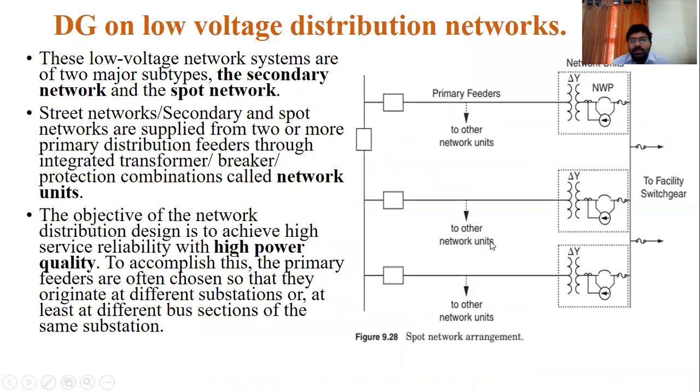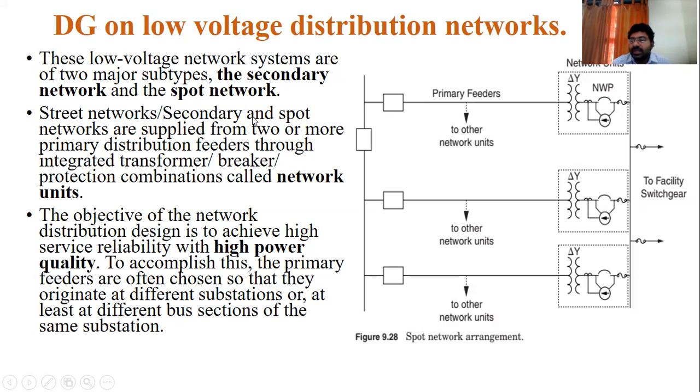Okay, so once again, I will go back to what we discussed in the previous lecture. We see a low voltage distribution network divided into two simple categories: a secondary network or street network, and a spot network.